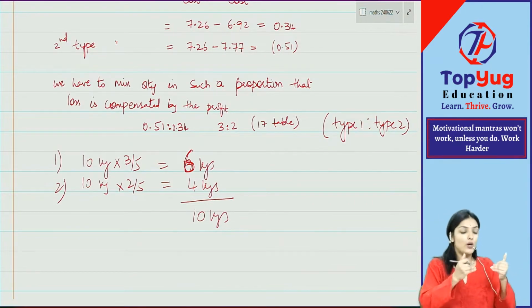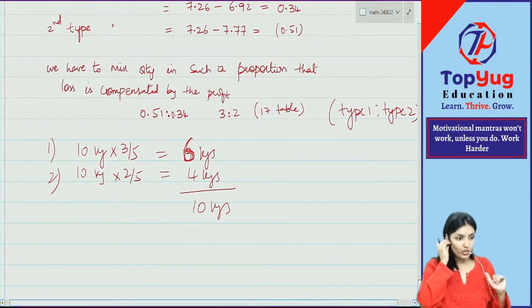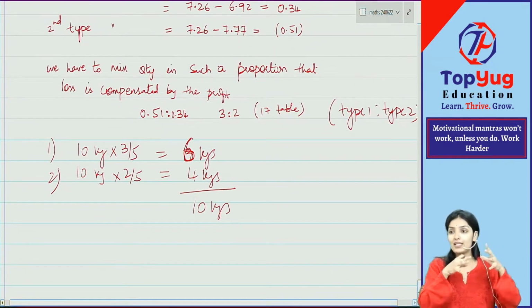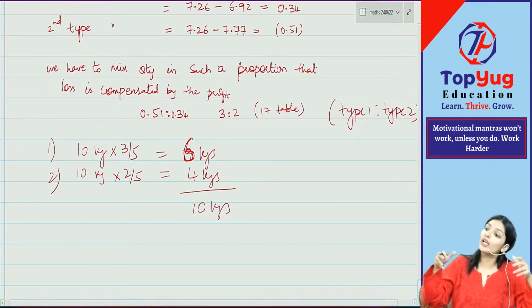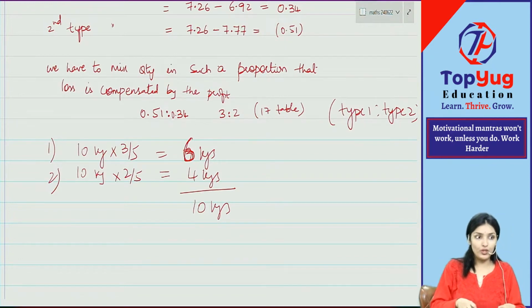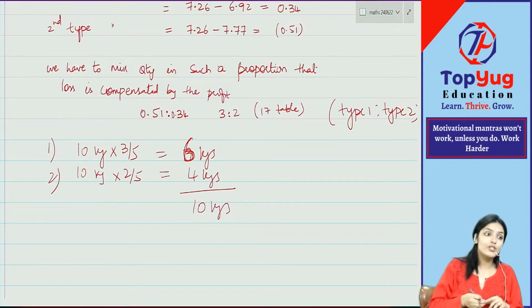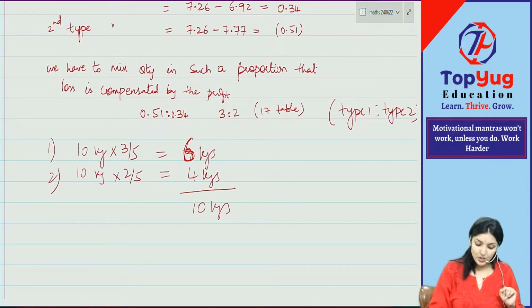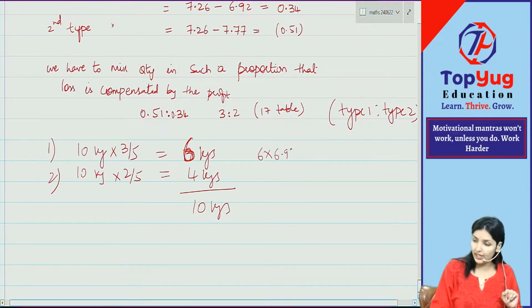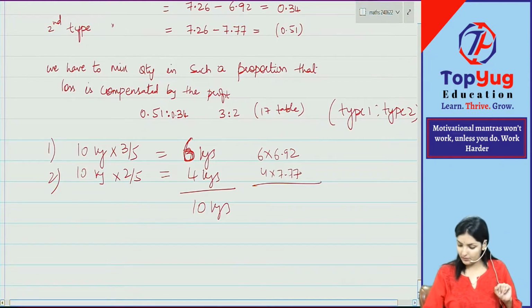आया समझ में? Now when I give you an example, suppose I want a total of 10 kgs and I am mixing these both in such a manner that together it is equal to 10 kg. At that point of time I have to take 6 kgs of type 1 and 4 kgs of type 2. So 6 kgs of type 1 would be 6 into 6.92, 4 into 7.77. What would be the answer? Tell me.